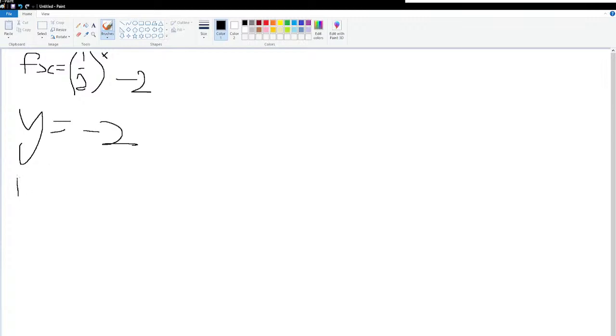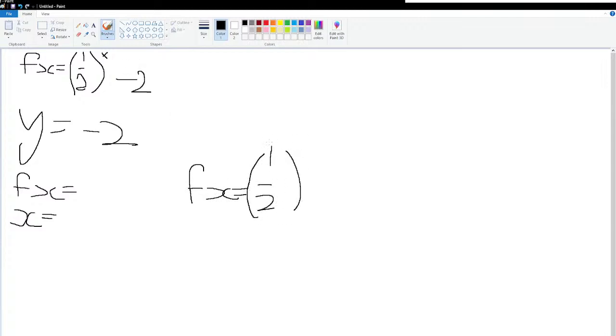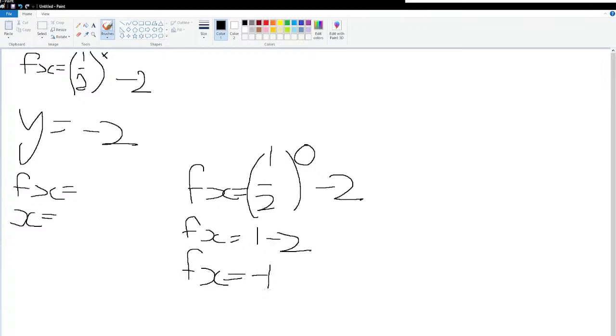Anyways, the y asymptote is equal to -2. Then what we need to do is find the y intercept and the x intercept. To find the y intercept, you have to make x into 0. So if y equals 1 over 2 to the power of 0 minus 2, anything to the power of 0 equals 1, so 1 minus 2, so y is equal to negative 1.